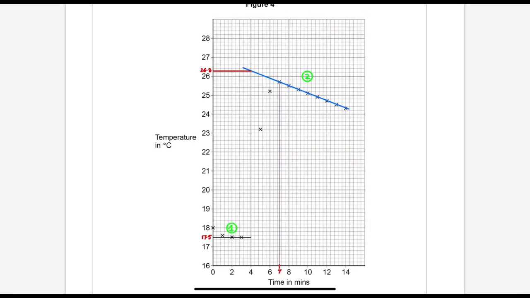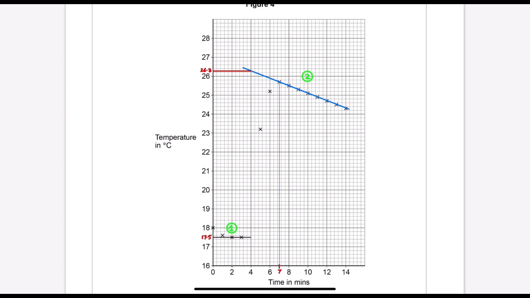From figure number 4, we can see that the time is along the x-axis and the temperature is along the y-axis. And we can see that after 7 minutes, the temperature is dropping. The initial temperature was 17.5, then it starts increasing, and after 7, it starts decreasing.